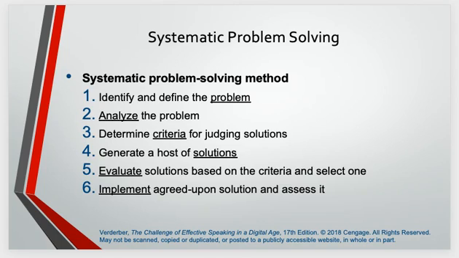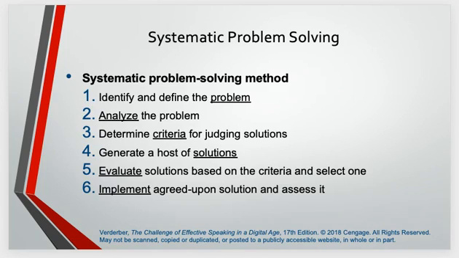And they're going to thoughtfully consider whether their solution adequately addresses the problem that was identified in step number one, and whether it's truly feasible to actually use that solution to solve the problem. Sometimes people might come up with a solution, but it's like, there's no way that we could find the money to put that solution into play, or there's just no way that we could actually make that work.